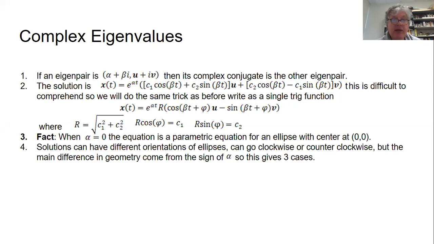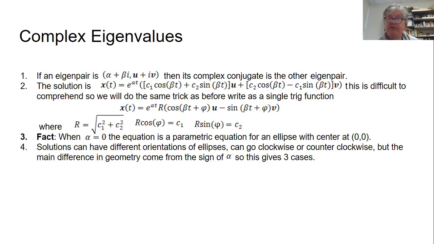It's an exponential times some combination of trig functions times u and v, where u and v are the real and complex parts of the eigenvectors. This is difficult to understand what it's doing, so we're going to do the same trick as we did when we looked at harmonic motion. We're going to write it as a single trig function. And so if you do that, you get a simpler expression there.